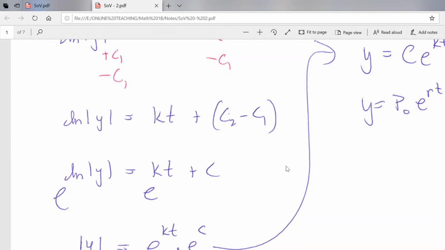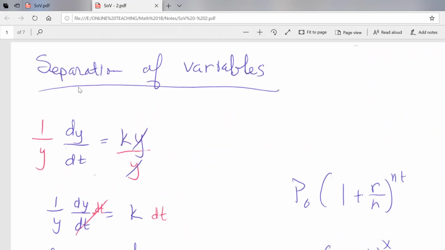So, even money. If this was interest, the rate of change of your money with respect to time is directly related to how much money you have. If you only have $1,000 in the bank, at the end of 1 year, if you make 5%, you're going to get $50. If you have $100,000 in the bank and you make 5%, at the end of 1 year, you're going to have $5,000.